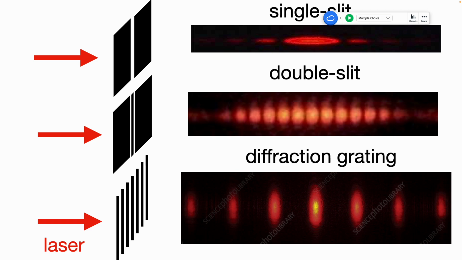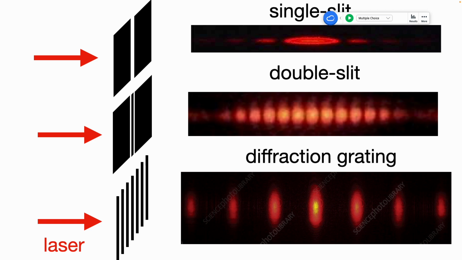Diffraction grating has this property, which is that it concentrates light. It's pretty useful in experiments, but I don't do experiments, so I cannot tell you more. All right, any questions so far?